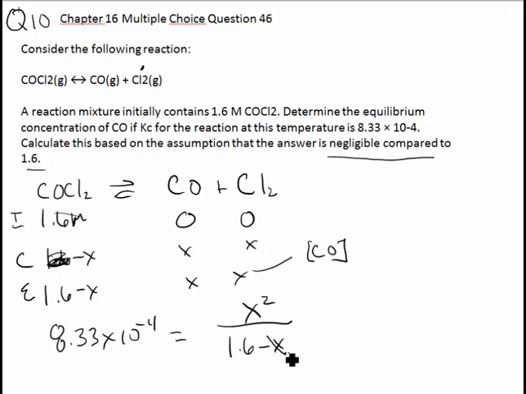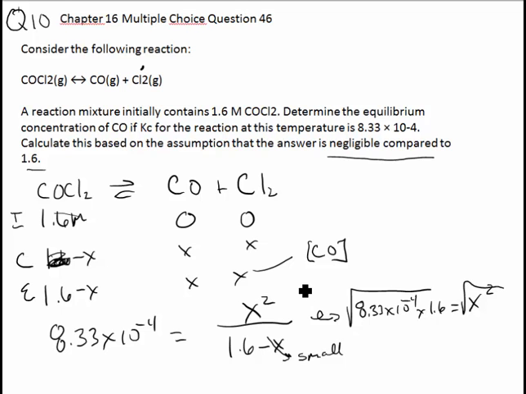So this is going to be a case where we say that's small. And we know that anyway because that's 10 to the minus 4th in our equilibrium constant. So we just rearrange this so it becomes 8.33 times 10 to the minus 4 times 1.6, and that's equal to X squared. So take the square root of both sides, and that gives us our answer for what X is, which is what CO is.